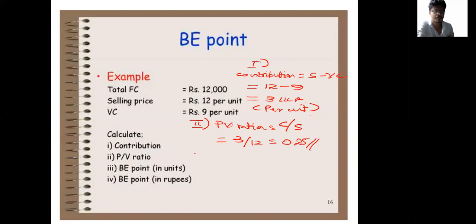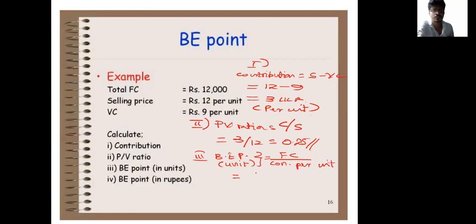Then break-even point in units. Here, fixed cost divided by contribution per unit.